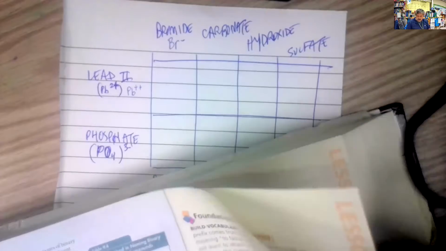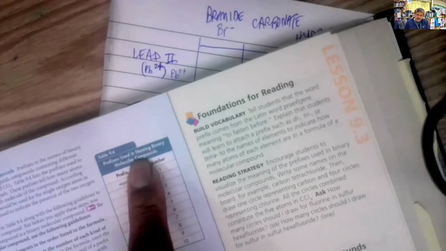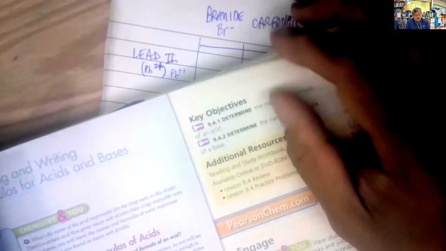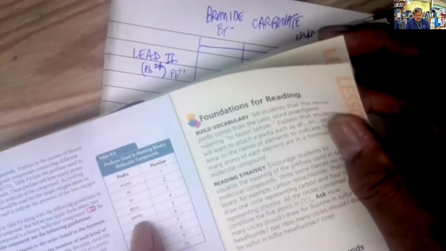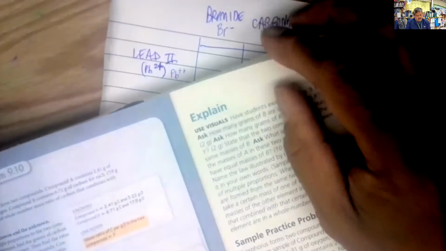If you don't know them, on page 281, there's a chart that says naming binary compounds and what the prefixes mean. So that's a good thing to have if you don't know those, but some of them you just know because you've been paying attention while you're alive, right? So mono means 1, penta means 5, hexa means 6. Things like that.